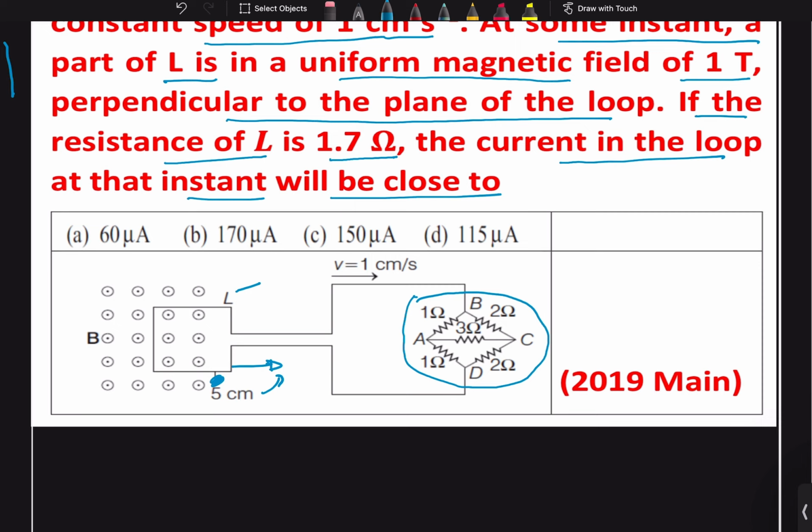So we can just remove this central resistance of 3 ohm and solve this resistance network. We are also given that the loop has a resistance of 1.7 ohm, and the magnetic field and the loop are perpendicular to each other.